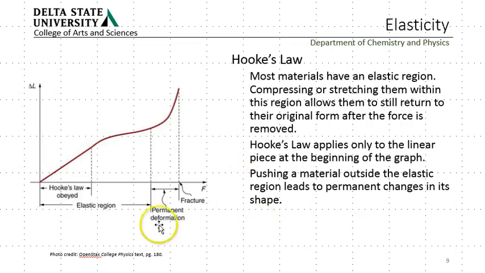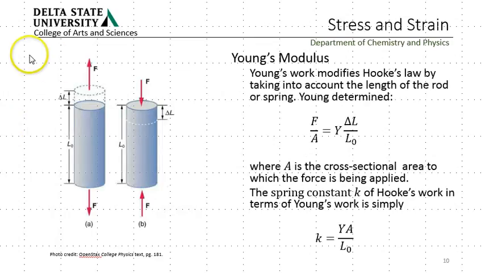But the other thing about elasticity is it actually applies to almost everything, right? So when I push down on a desk, right, and I add a force to the desk, the legs actually get just a little bit shorter. And so when we talk about this, we talk about what we call Young's modulus.